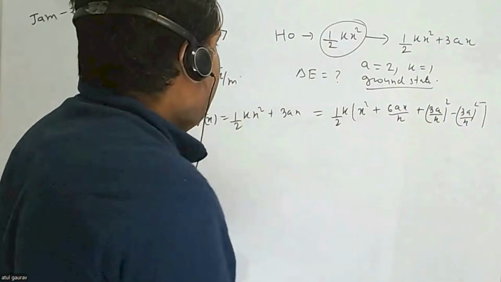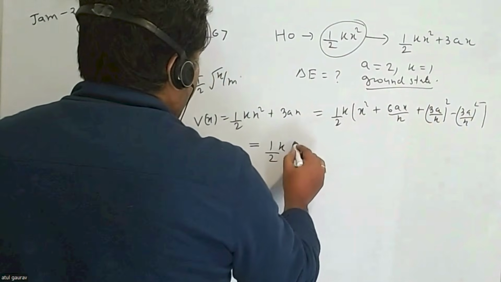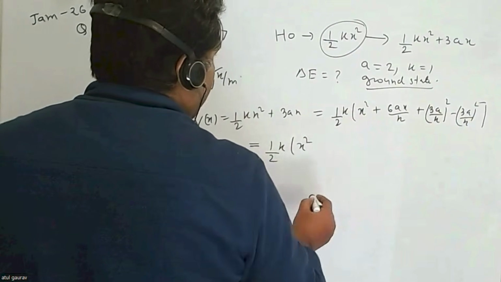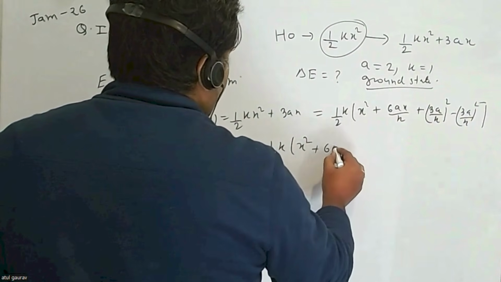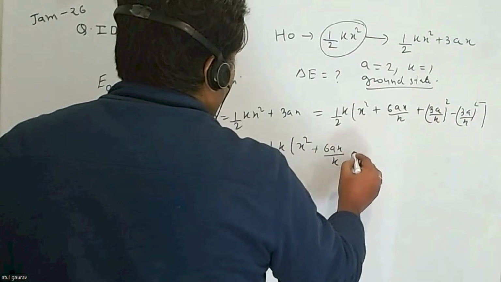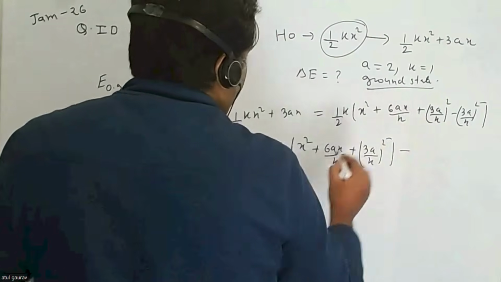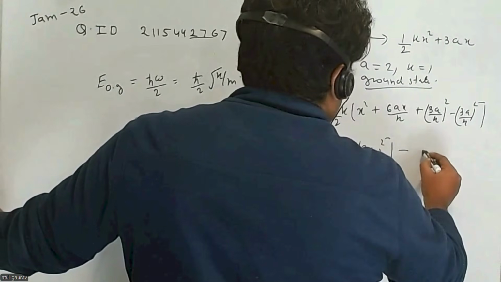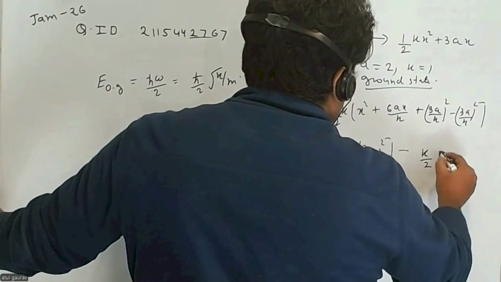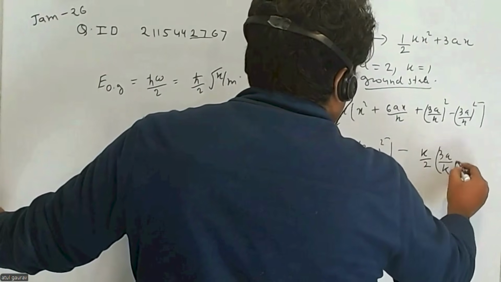So we write this whole thing as half k, x square plus 6ax by k plus 3a by k whole square, minus k by 2 times 3a by k whole square.